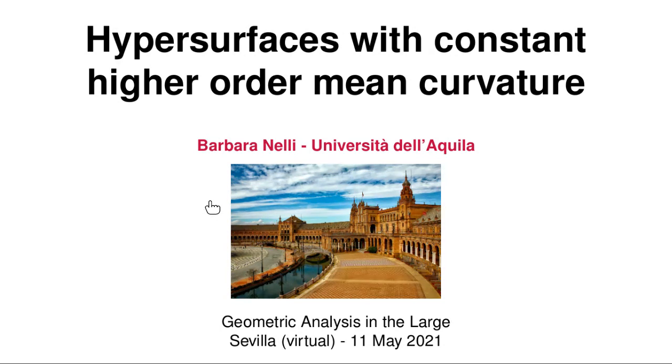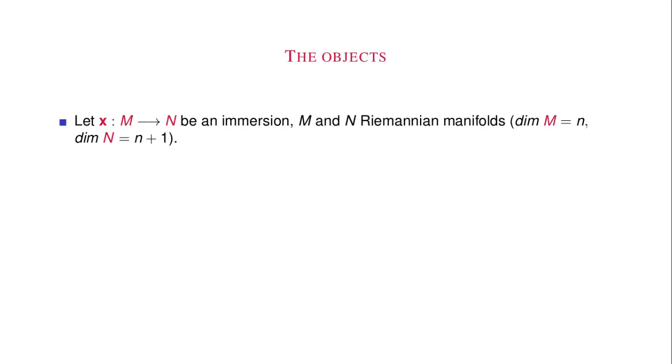As Isabel told, I will talk about hypersurfaces with constant higher order mean curvature. Let me first of all describe the object just to set up the frame where we are working in. We will consider an immersion of a manifold of codimension 1 in another Riemannian manifold.